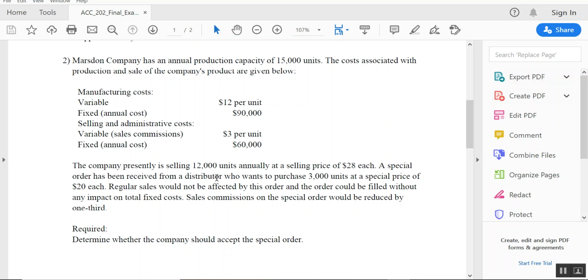Regular sales are not affected by the order, and the order could be filled without any impact on total fixed cost. Sales commissions on the special order would be reduced by 1/3. In other words, instead of $3 a unit, it'll be $2 a unit. So determine whether the company should accept the special order.